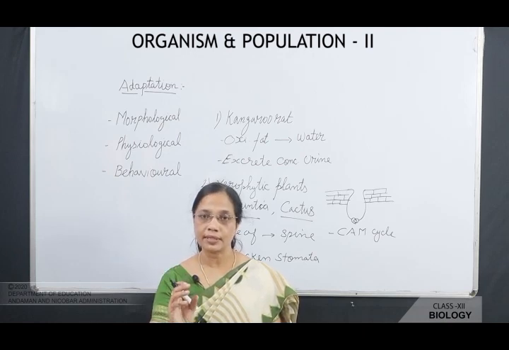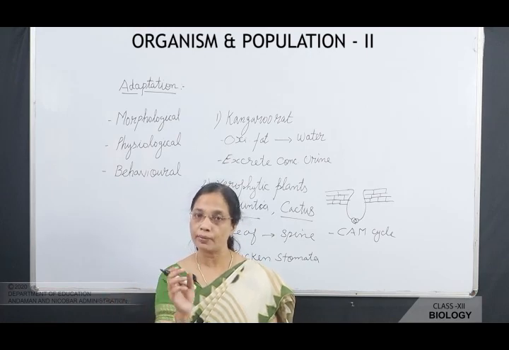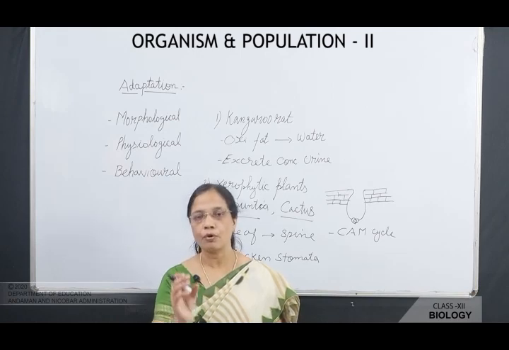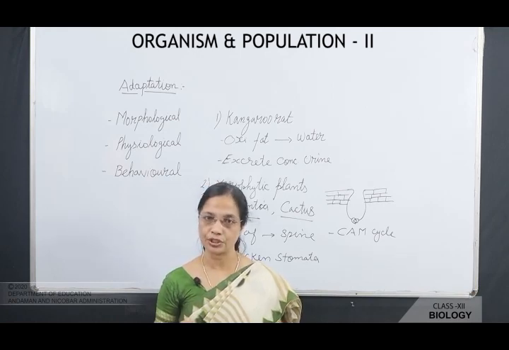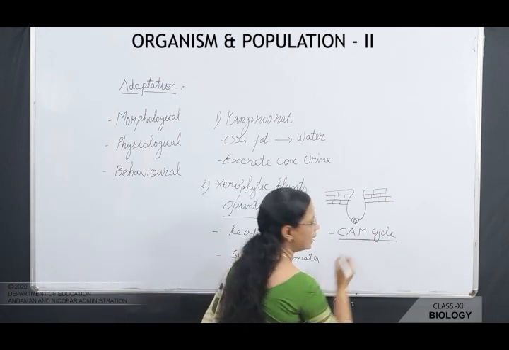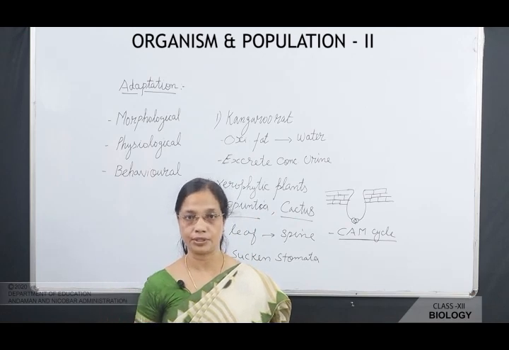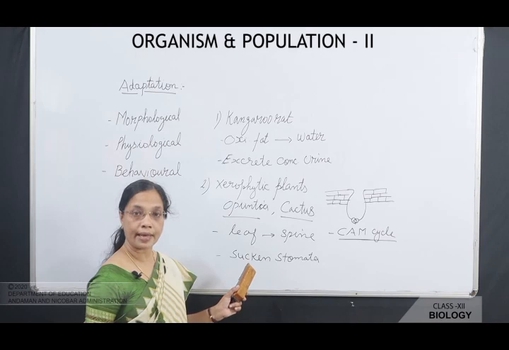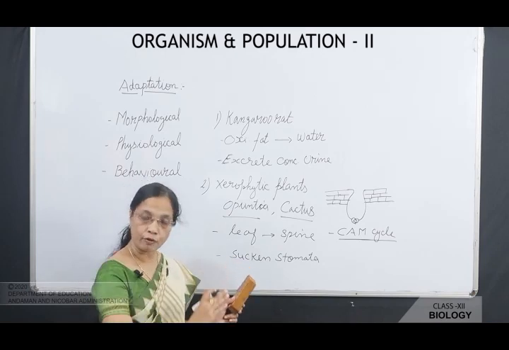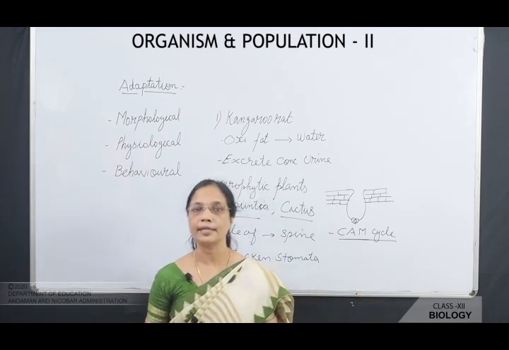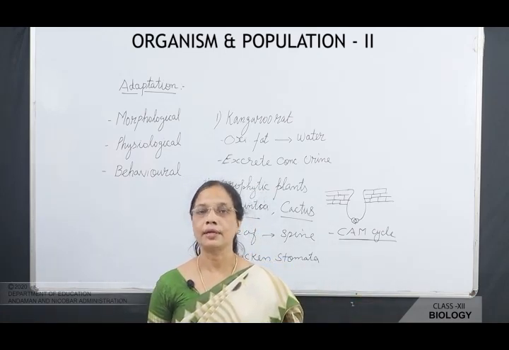During the daytime, the temperature is more in comparison to the night. So when the stomata are closed during the daytime, they again can prevent, or you can say reduce, the transpiration rate. So this adaptation of the CAM cycle is a physiological adaptation. So what you have seen here in these xerophytic plants, they modified morphologically as well as physiologically in order to adapt to that xerophytic or desert condition.